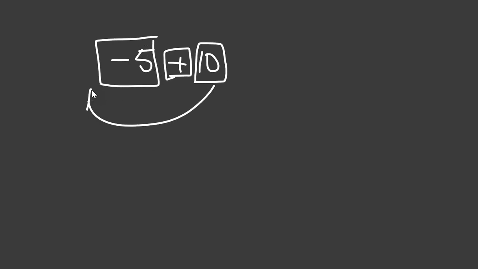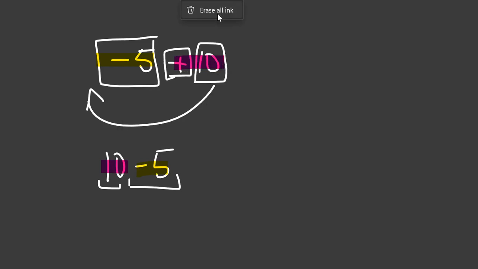Let's rearrange it by putting the 10 in front. We get 10 minus 5. The answer was 5, by the way. Negative 5 plus 10 is 5.